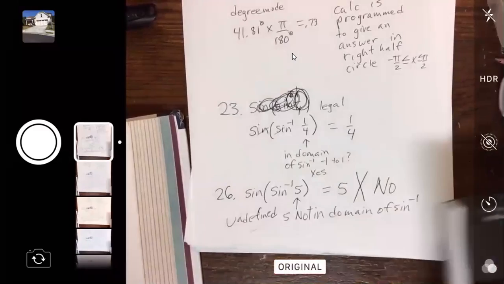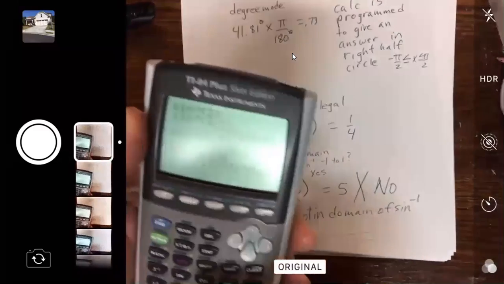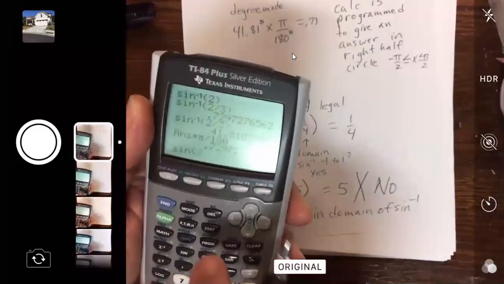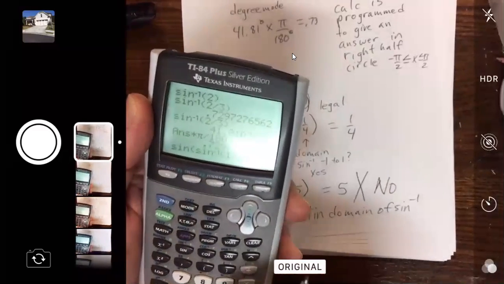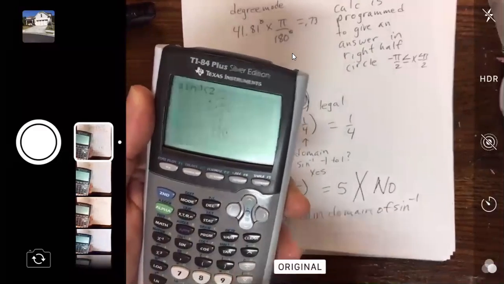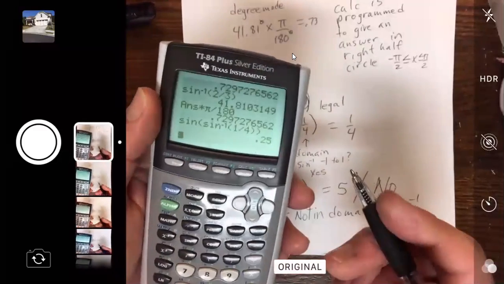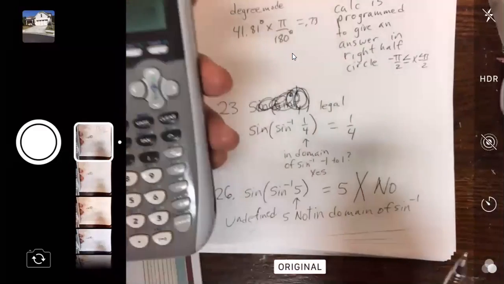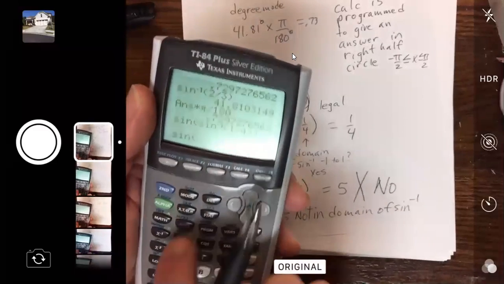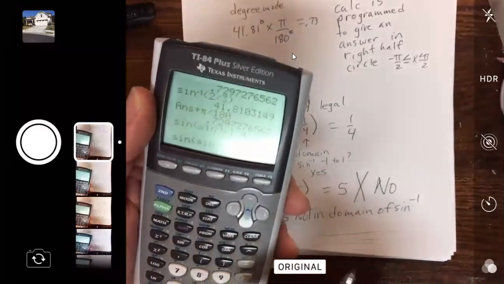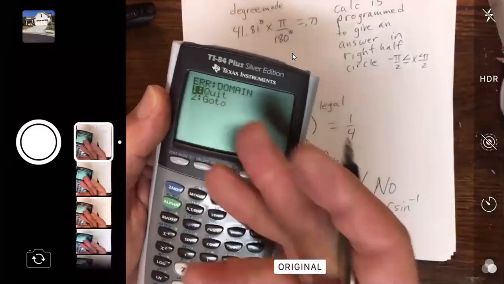You can punch these and check them on the calculator. On the first one, sine of arcsine of 1/4 gives 0.25, which is 1/4. On the second one, sine of arcsine of 5, out of domain.